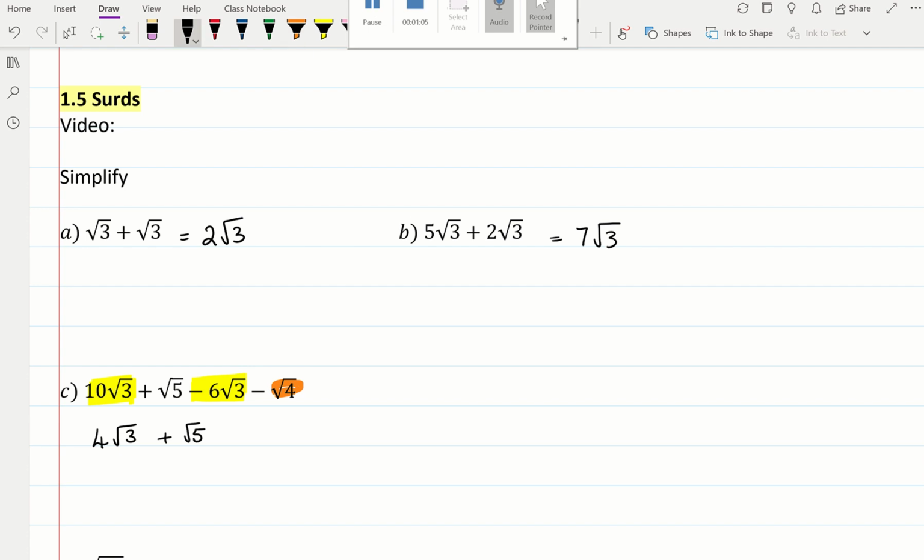Root 4 is a 2, so minus 2. And we always take the positive root unless we're told something different.